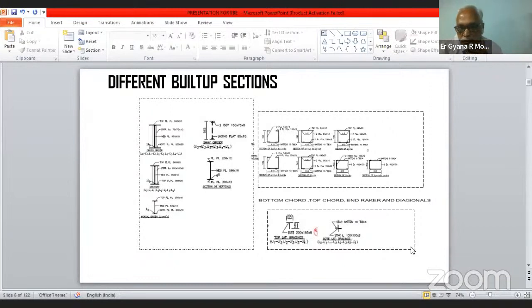Can you see the full screen? No, sir, it's not filling the full screen.